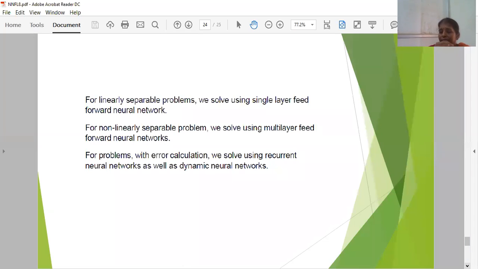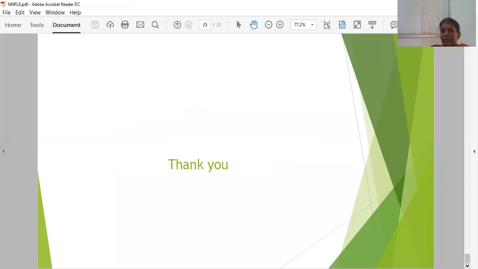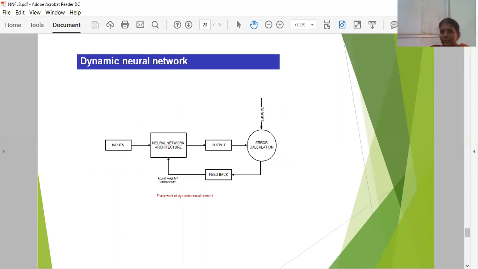And for problems where you want accurate, desired results with the error calculations, you are utilizing the recurrent neural networks or dynamic neural networks. Okay, hope it is clear in which sort of problem, which sort of architecture you need to utilize.